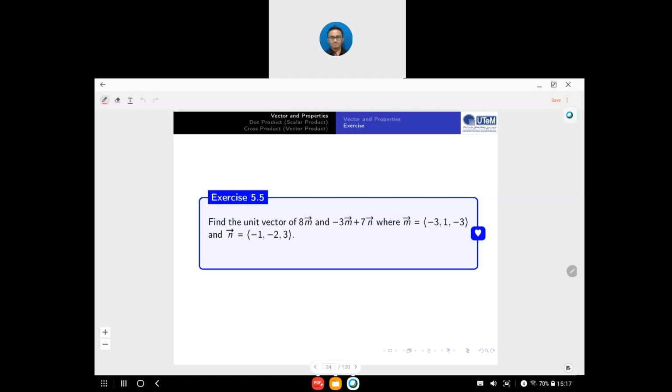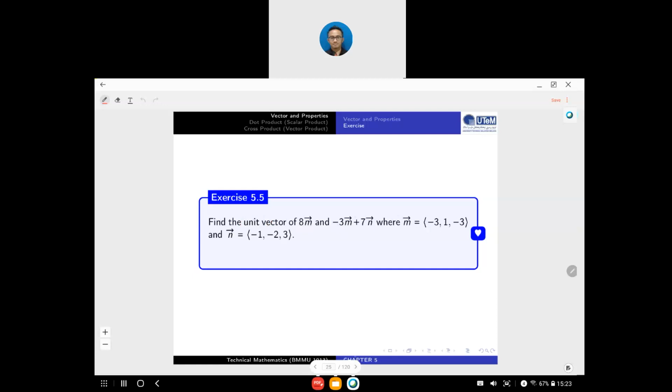Okay, try to solve. Now you want to find the unit vector for two questions. The first one is 8m. The second one is -3m plus 7n. Look at the first one first, 8m.